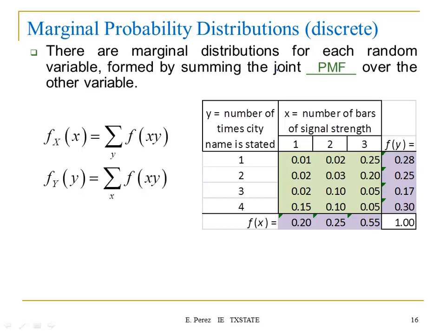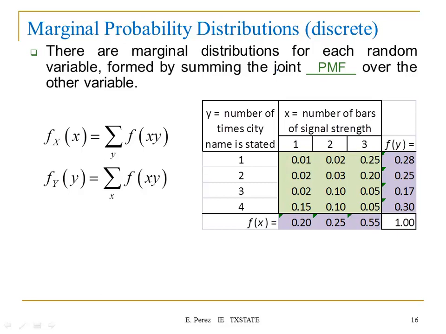So in the discrete case, we are looking at the summations. Let's say we are looking at the probabilities just for x. You find the probabilities for x by summing the values with respect to y, and the same thing for y, you sum with respect to x.